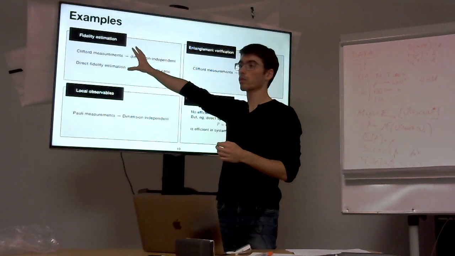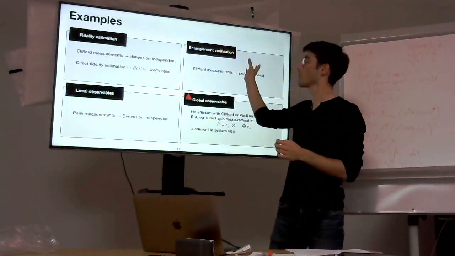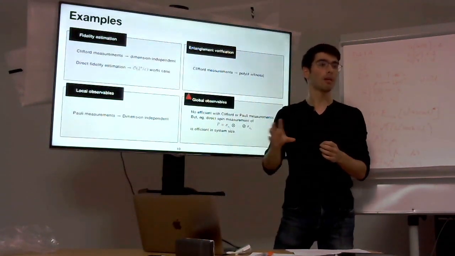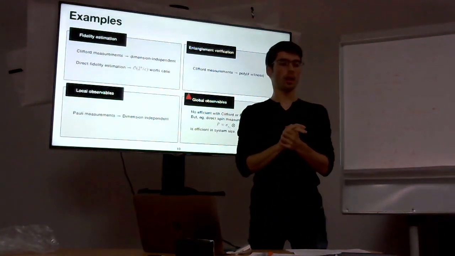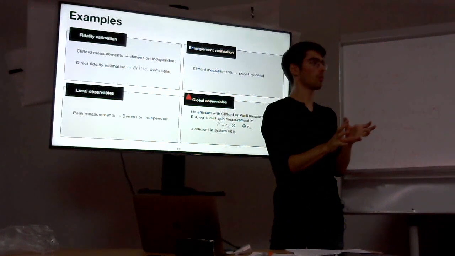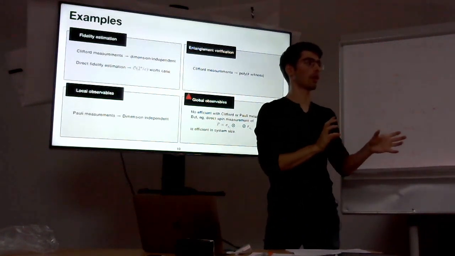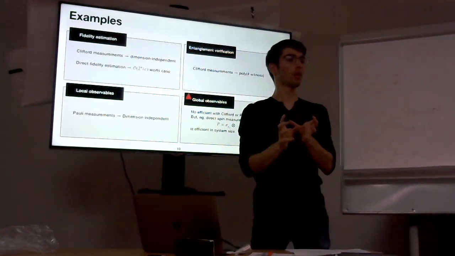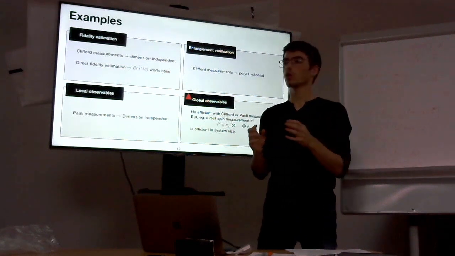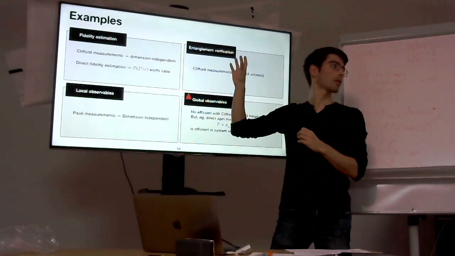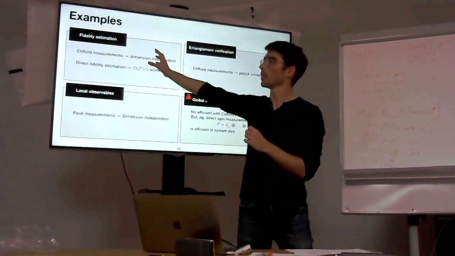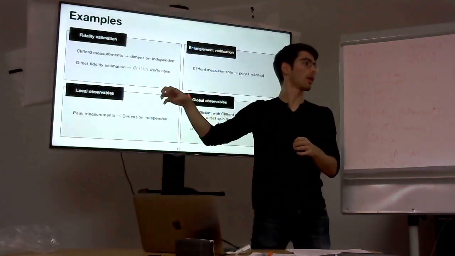By using this result, they are also able to show that entanglement verification via entanglement witnesses, which in the end are observables that provide you with information about the degree of entanglement of the original state, can be mapped to fidelity estimation of many states.